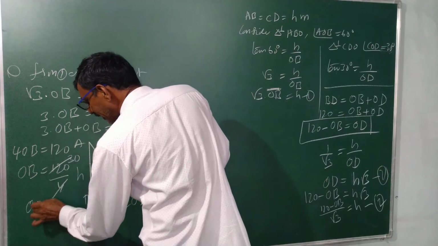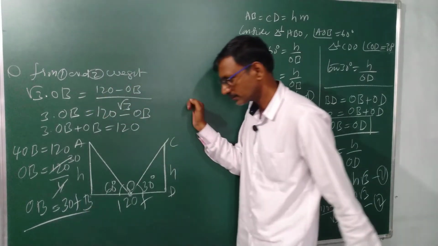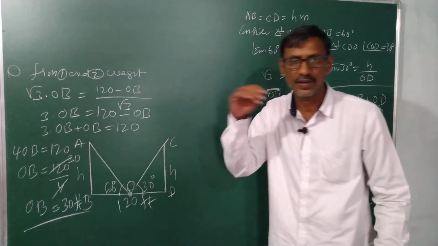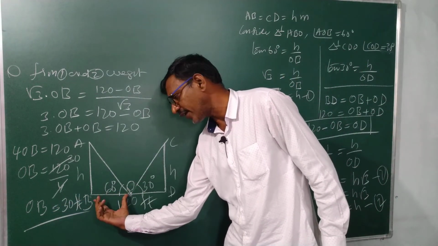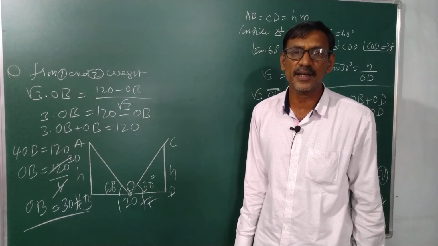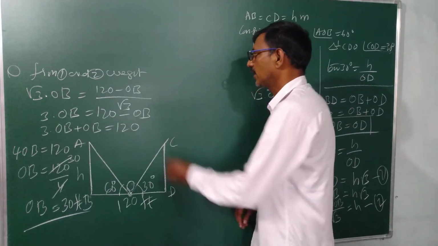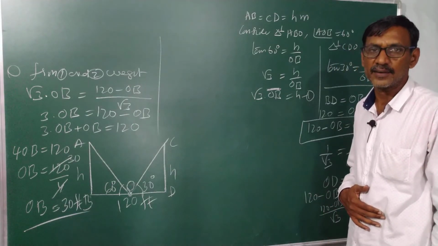Therefore, OB equals 30 feet. So OB is nothing but 30 feet. Then OD equals 120 minus 30, that is 90 feet. Now coming to the height. We need to find the height also.